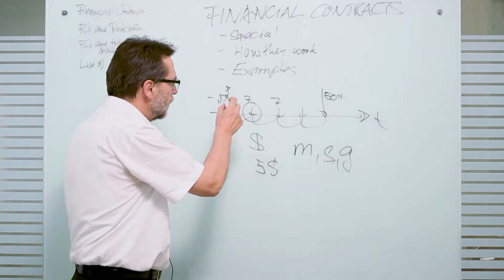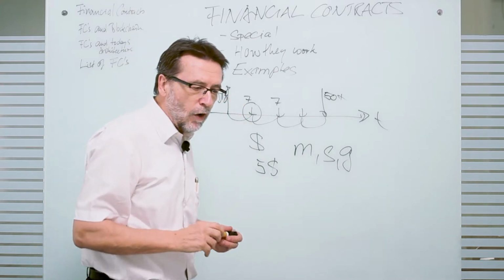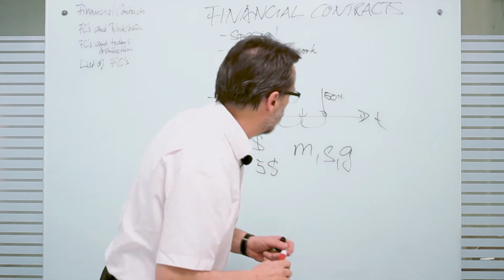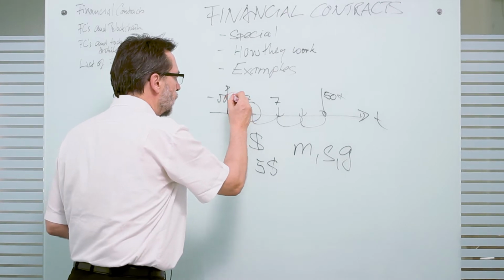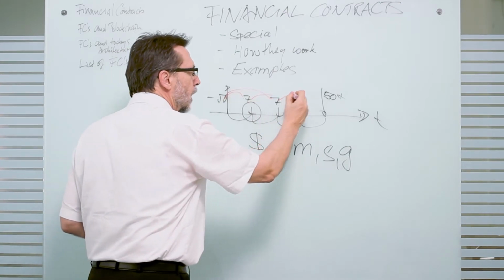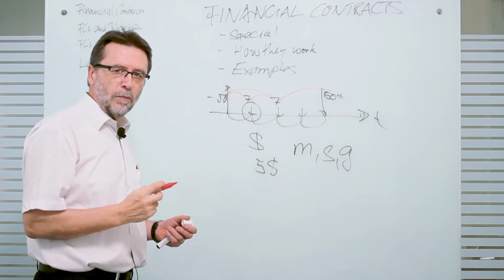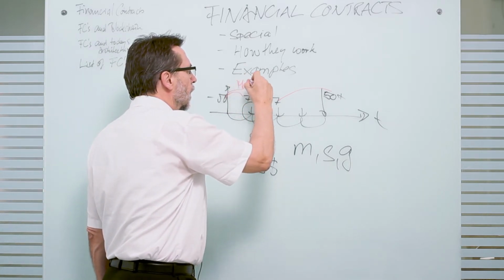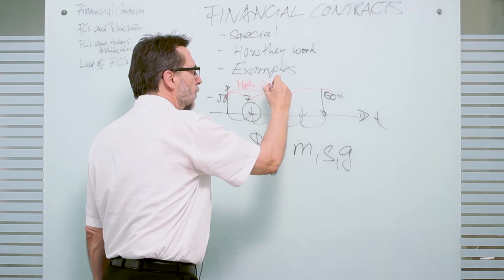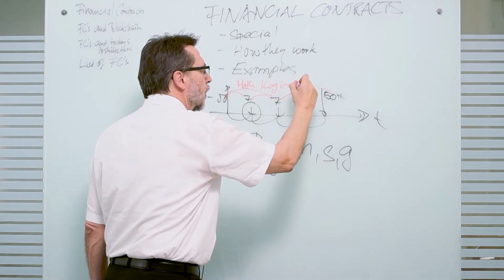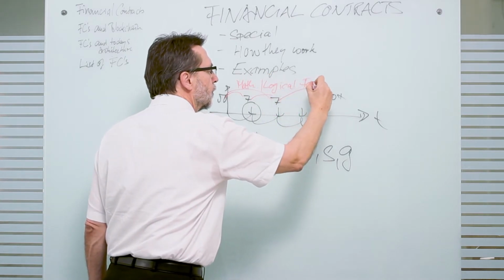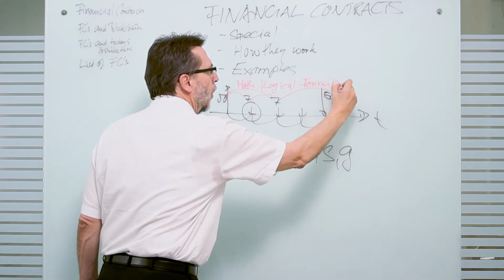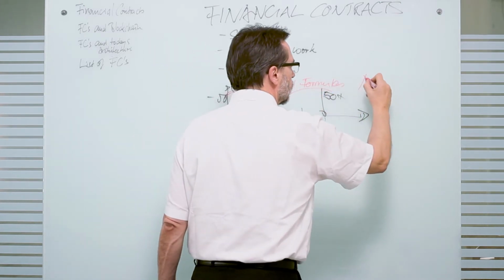In addition, these numbers are all connected with each other. This number with this and this, there's a connection between them, and these are mathematical or logical formulas, also called algorithms.